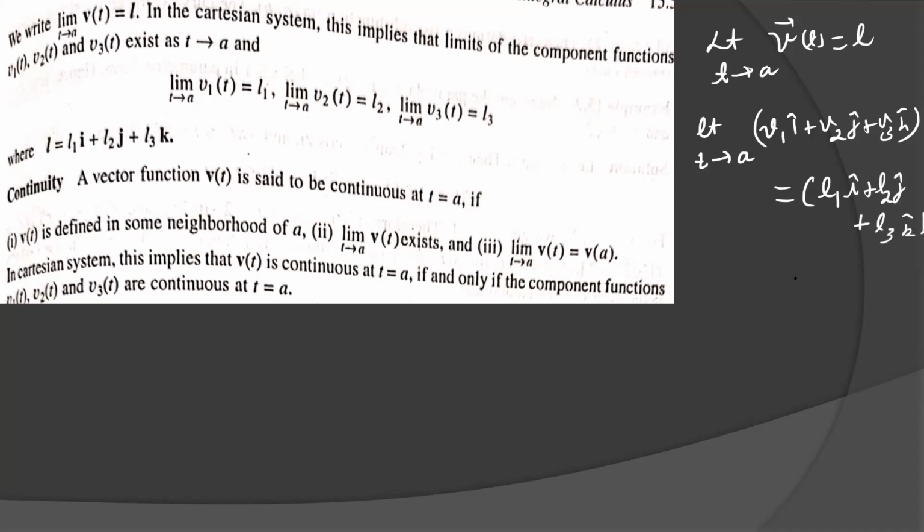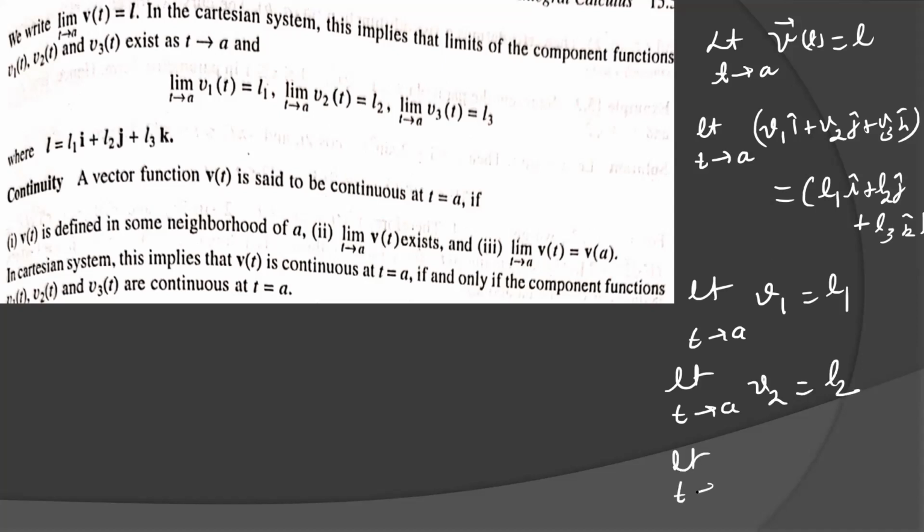If you compare the i, j, k coefficients, you will get limit as t tends to a of V1 equal to L1, V2 equal to L2, and V3 equal to L3.